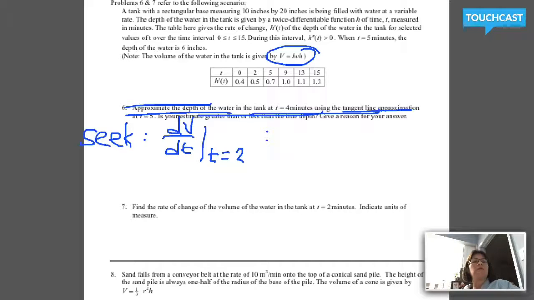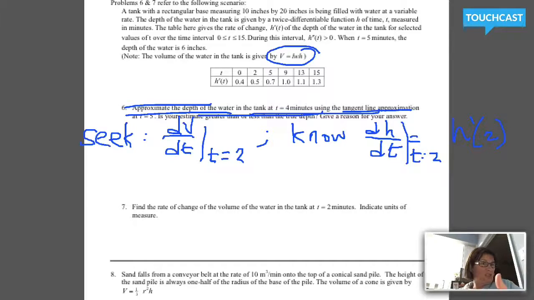So I seek dV/dt at time t equals 2. I know dh/dt at time t equals 2. That's the same as h prime of 2. It's our job to know that those two notations, dh/dt evaluated at a certain time value and h prime of 2, mean the same thing.